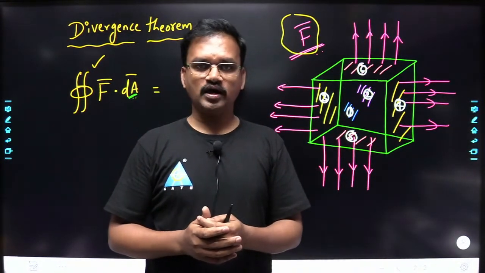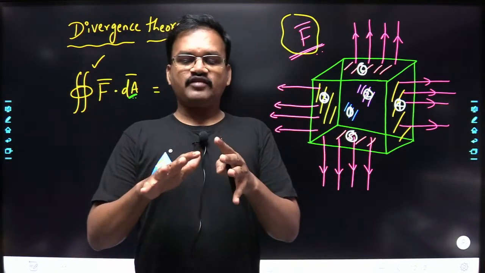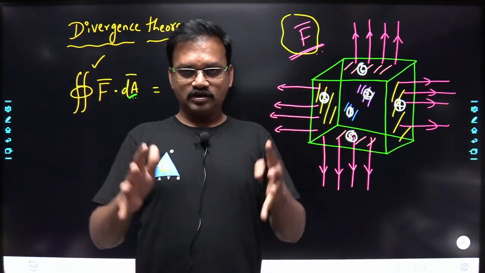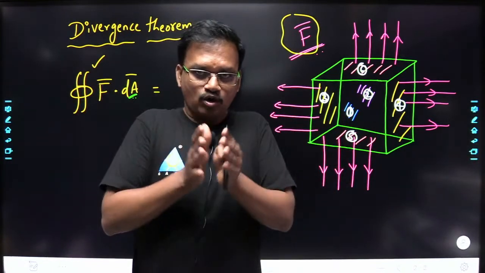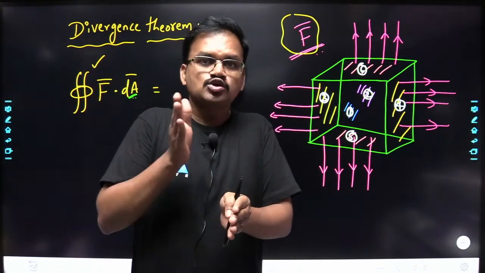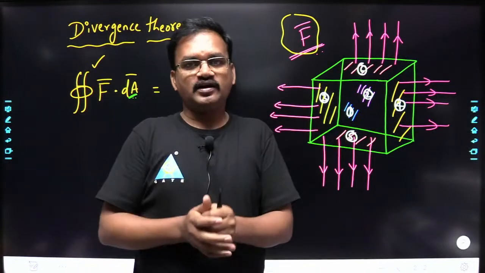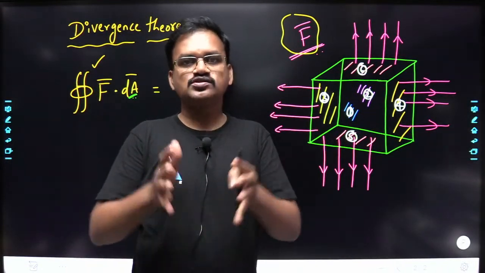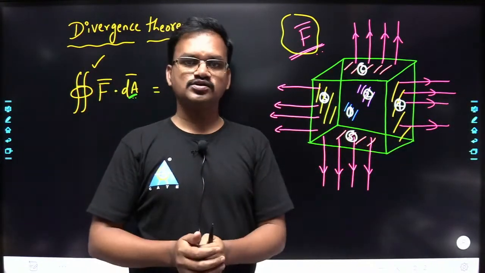So whenever some vector field is leaving the closed surface, it means inside that closed surface there must be a source that is producing this vector field. If there is no source, there is no field leaving the closed surface, right?